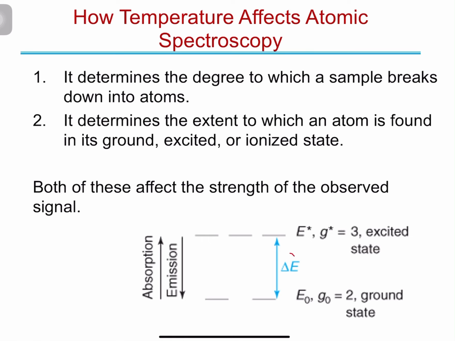The energy difference here is the difference between the ground state and the excited state. And we have something called degeneracy, which is specific for each state. We have a degeneracy for the ground state and a degeneracy for the excited state, and it will differ depending on which ground and excited states we are talking about.